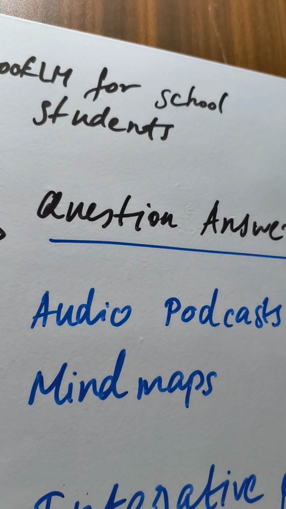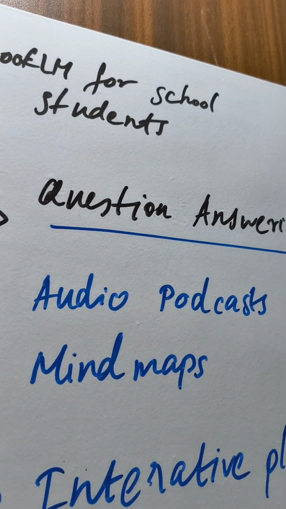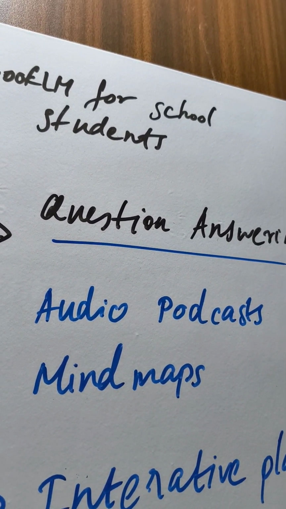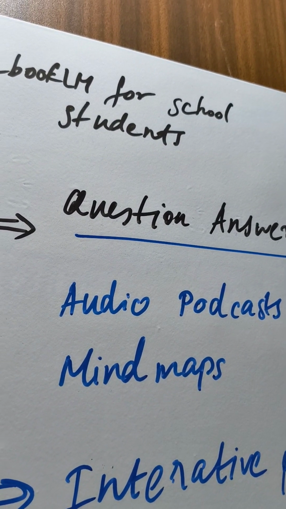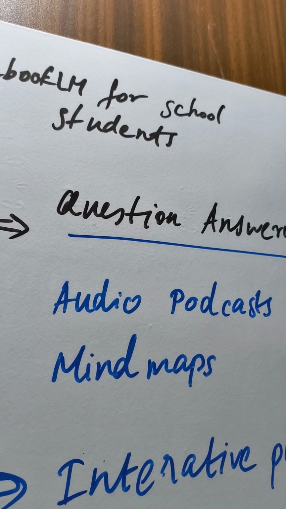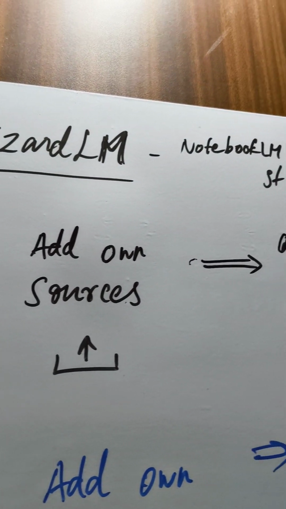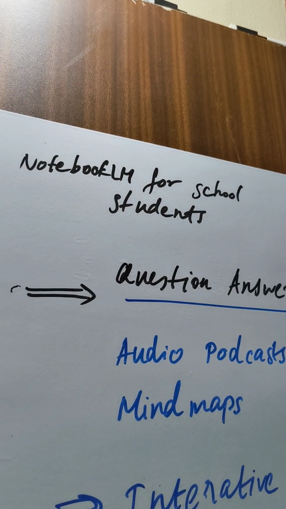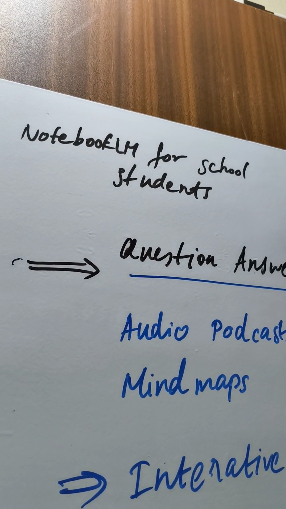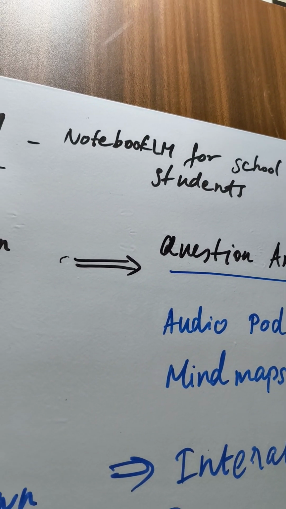Audio podcast, it actually creates a podcast using AI from the sources that you have uploaded. Mind map, it actually finds all the entity relationships from your documents and then creates an interactive mind map to visualize the things inside your documents.